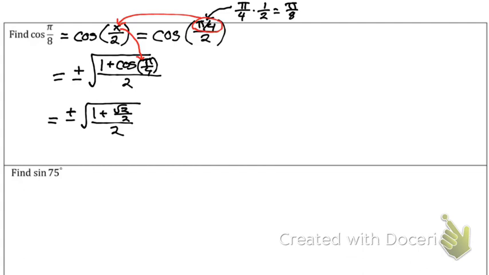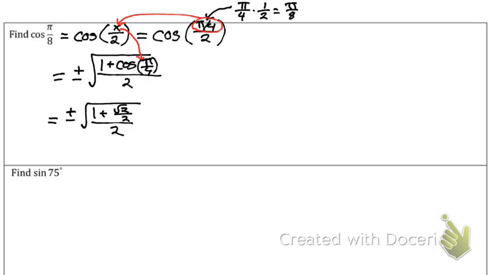Now, we've been training for this. Weren't they just over 2 before? I just took cosine of pi over 4. There's a hard way to do this and an easy way to do this. The hard way is turn this into 2 over 2, then have 2 plus square root of 2 over 2, over 2.